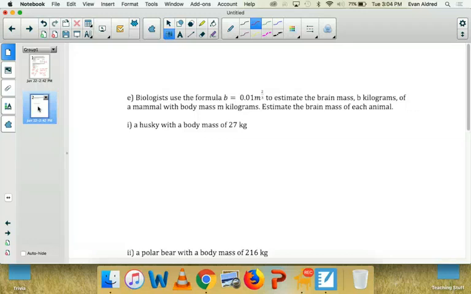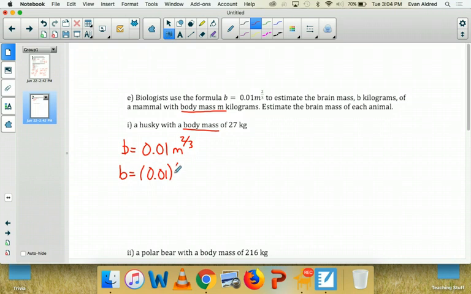So a husky with a body mass of 27 kilograms. Well, we know that body mass is represented with the variable m. So in the original formula, where you see an m, we're going to put in 27. So our formula is 0.01 m to the 2/3. But now I'm going to plug in 27 in place of m, because we know that's the body mass of the husky.